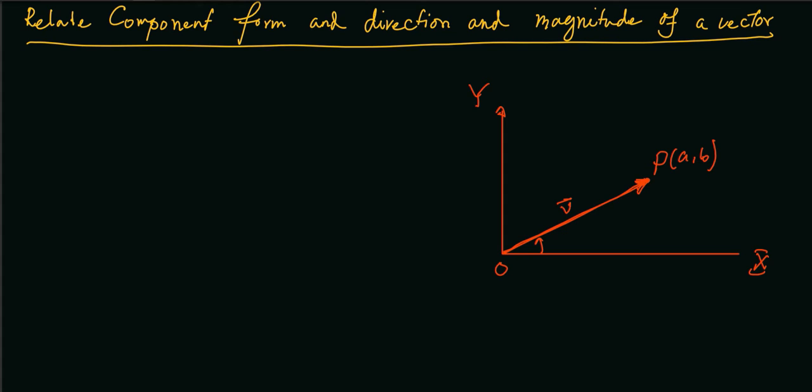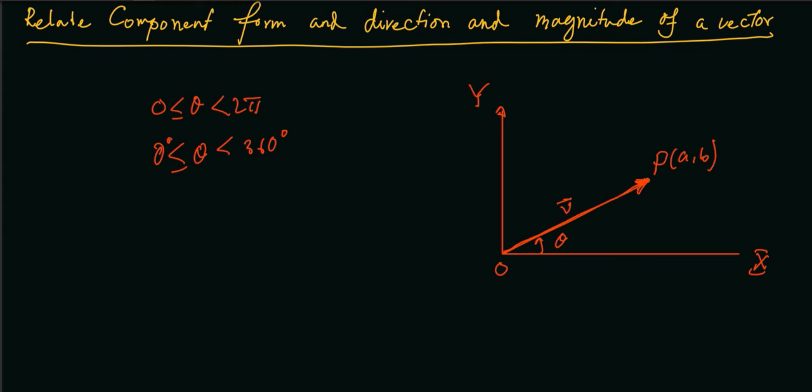So for a given vector in the standard position, its direction is an angle theta in the positive direction, and this theta lies between 0 to 2 pi radians, or we can also write this theta between 0 degrees to 360 degrees.